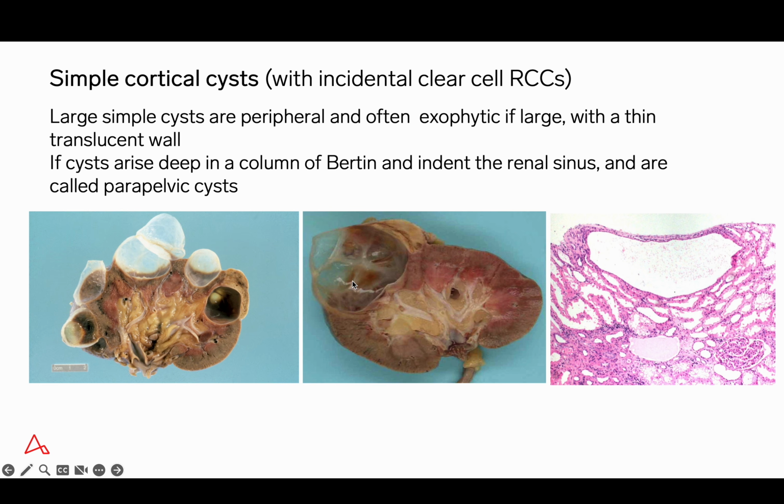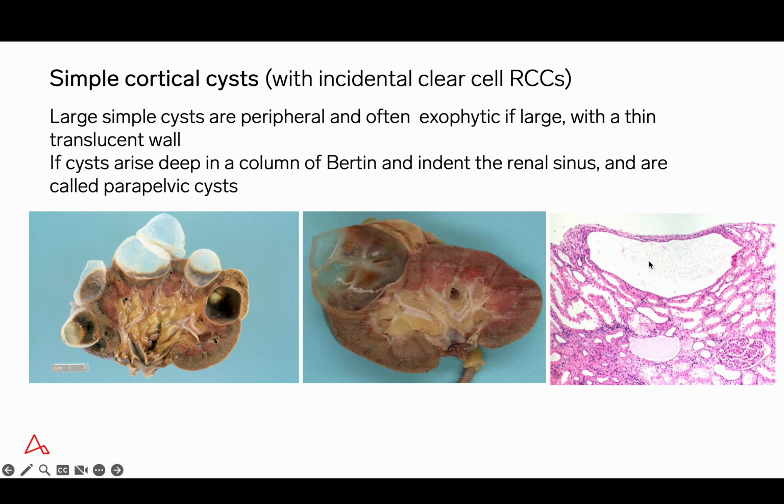In the middle gross photograph, we have another single simple cyst, again showing the very thin translucent cell lining. Curiously enough, in both of these cases, there was an associated clear cell renal cell carcinoma. That said, there is no relationship with neoplasia with renal cysts.